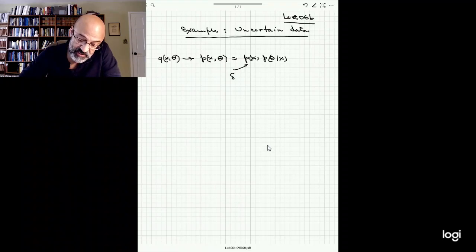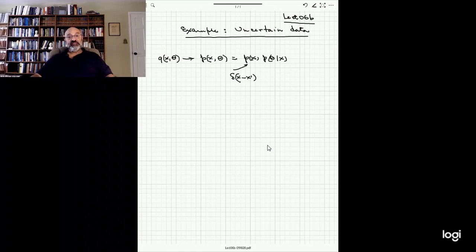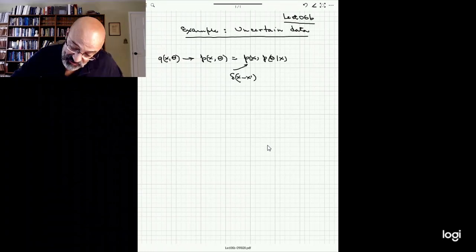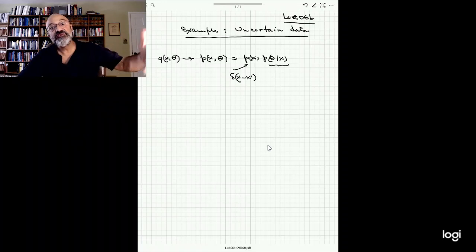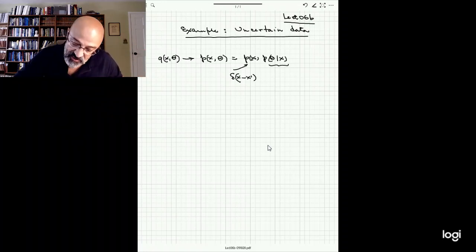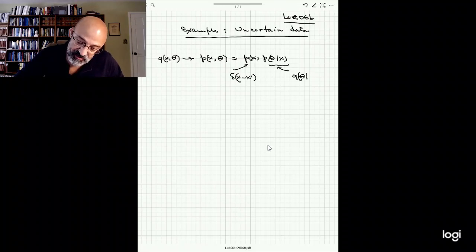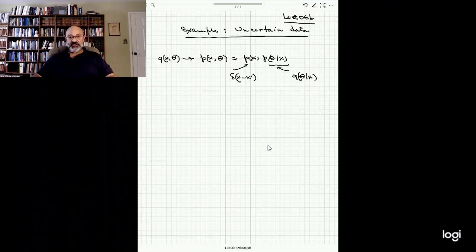If we know the data exactly, we replace this by a delta function. And this other piece here, we say, well, we do not know what that is, but I can choose anything there. There is no reason to change my mind, and so I will pick the prior of theta conditional on x. So that's the general structure.